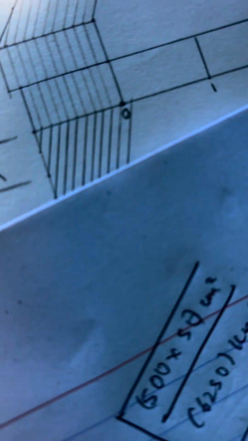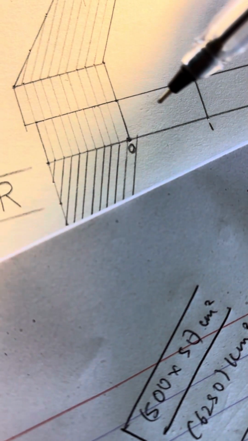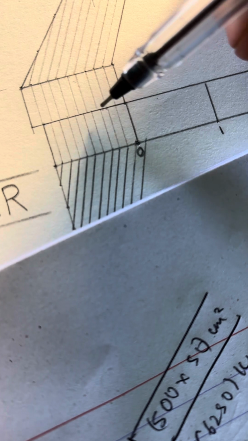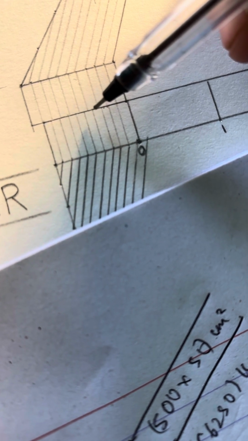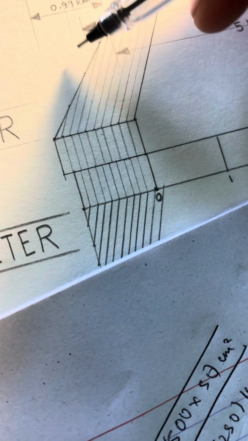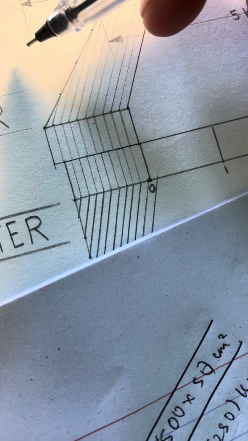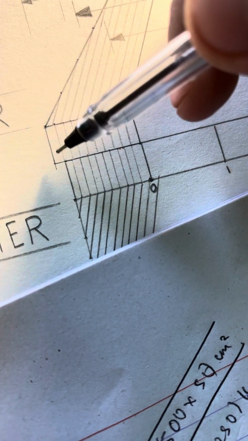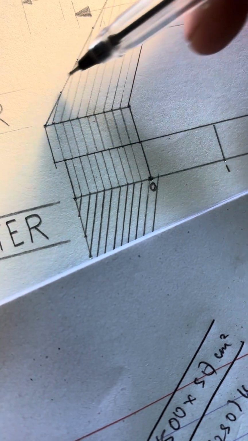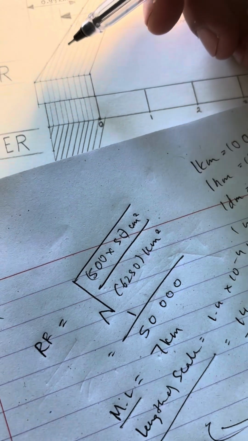So on the vernier scale, you want to find 1, 2, 3, 4, and then make a line over here, and draw 9.9, and the distance between this line and this line is going to give us 59 decameters. That's it for question number 3.